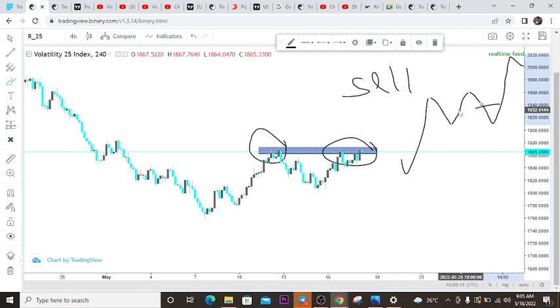The problem is not about the pattern. The problem is whether the pattern corresponds to, or is still directing you with, the trend. The pattern shouldn't be showing you a direction opposite the trend, opposite the direction that the price is going.